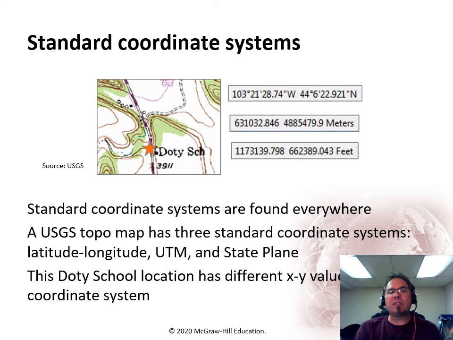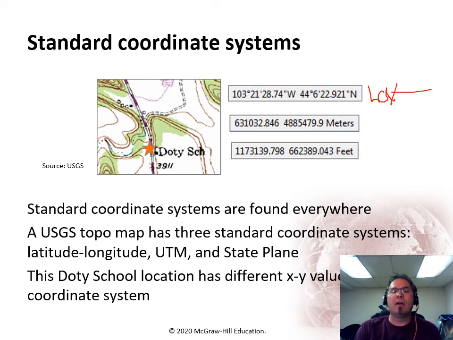So there are some standard coordinate systems, okay? If you look at this little itty bitty USGS map here, that point on the map can be represented in, let's say, 3 ways. The first one here is lat-long, right? I'm going to try to type here. Yeah, that's not good. Anyway, so that's lat-long. That's what we know from our coordinate systems from Earth, with the angle being measured from the center of the Earth.